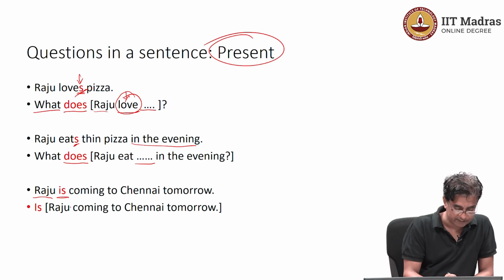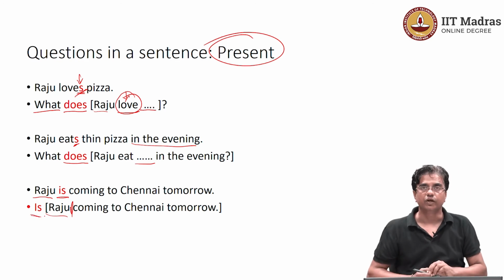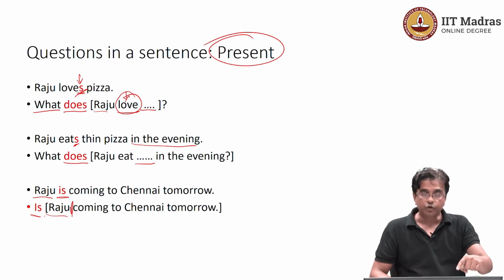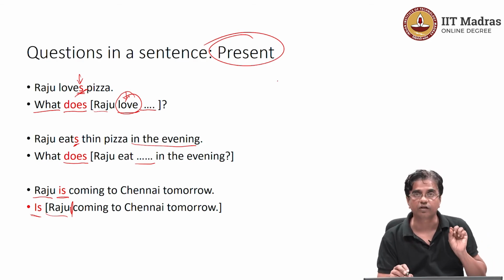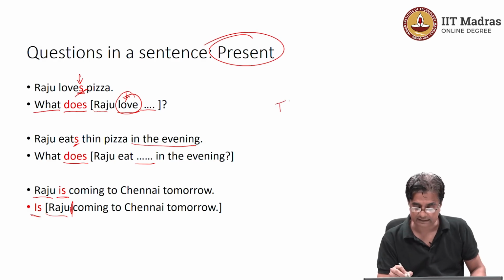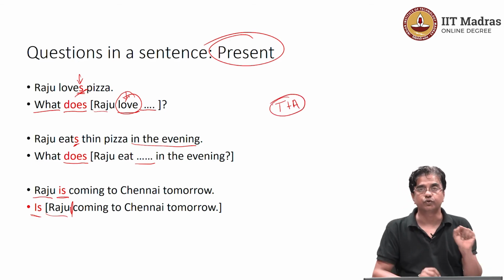Here it's missing from here and you see it's fronted. So what do we observe from here? We observe one of the things that is critical: tense plus agreement gets fronted to form the question.